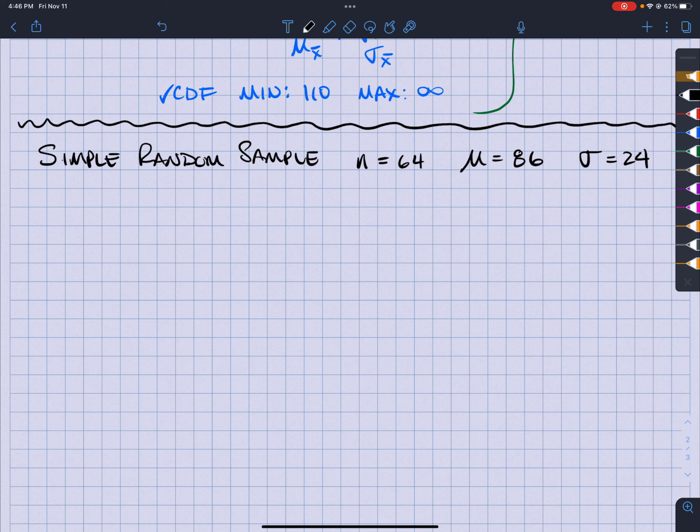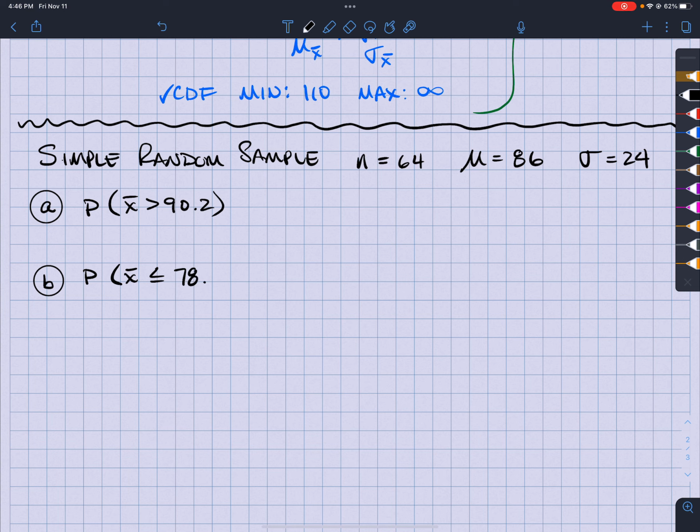All right, so let's say we have this situation here. And what I want you to find in part A is the probability of x bar being greater than 90.2. So same idea as above, greater than. Part B, probability that x bar is less than or equal to 78.65.